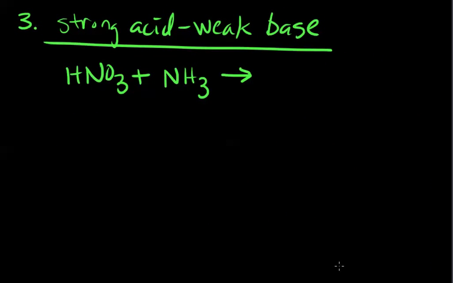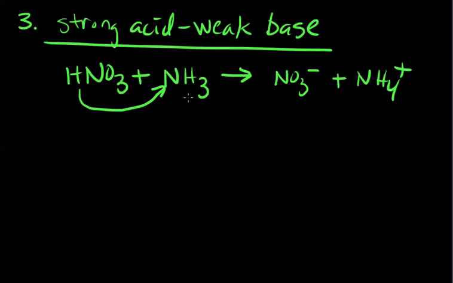Alright, so let's look at our third type of acid-base reaction. We have a strong acid and a weak base. So we have nitric acid, which is a strong acid, plus ammonia, which is a weak base. And so what happens is this hydrogen is going to transfer to our ammonia, and we're going to get nitrate ions plus ammonium ions.